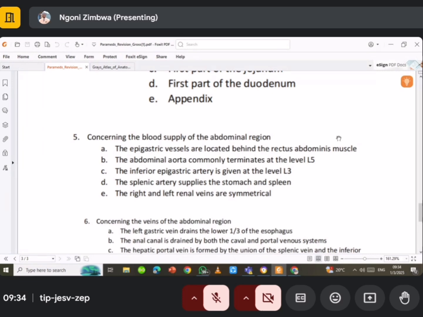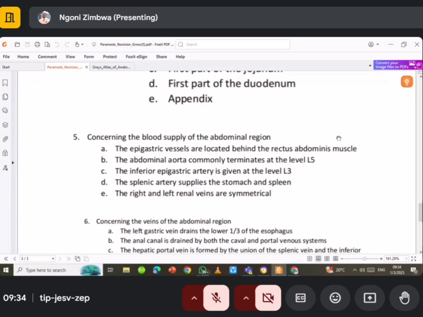If you remember, I'm just gonna rush through the course. First part of the subclavian artery, you receive your internal thoracic artery. The internal thoracic artery ends in the 6th intercostal space by bifurcating into the musculophrenic artery, which actually supplies the 7th, 9th, 10th, and 11th intercostal spaces, and supplies the diaphragm as well.